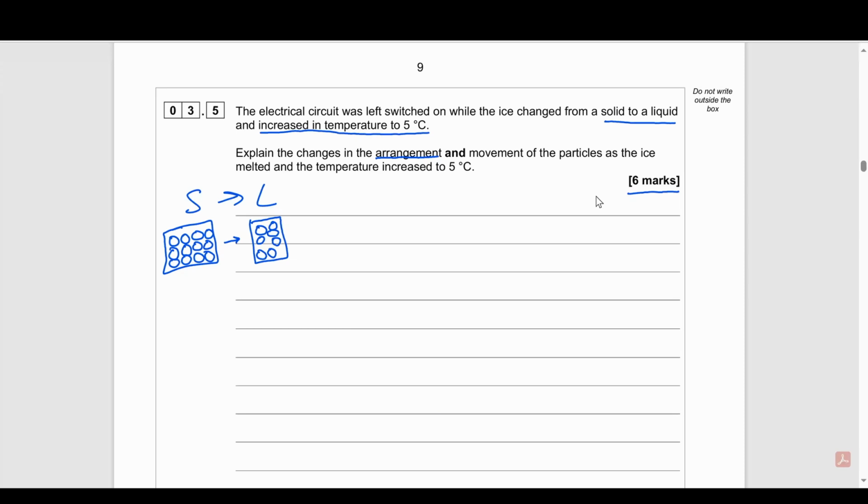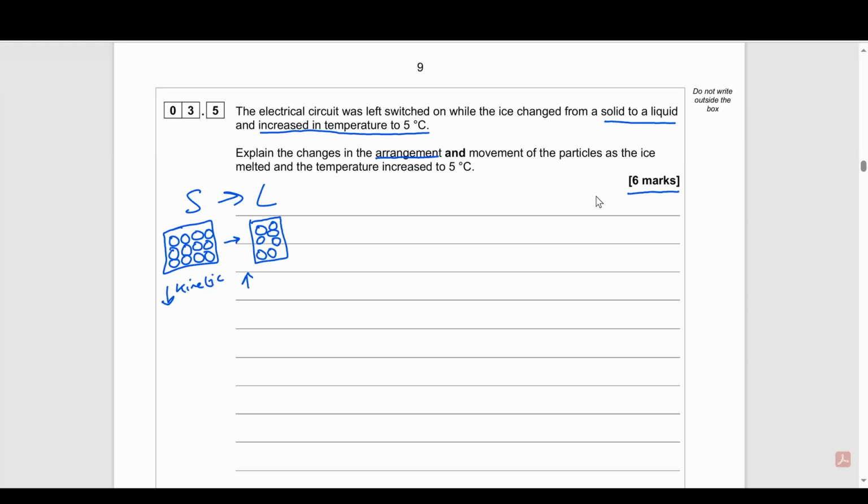But what we need to think about is the types of energy that we would expect these particles to have in a liquid. Now, in a solid, as we said that they have low energy, the specific type of energy that they'd have, which would be lower, would be kinetic energy. So kinetic energy would be lower in a solid, but it would be higher in a liquid. But remember that when the particles start to move, more of them would be moving upwards in a liquid.